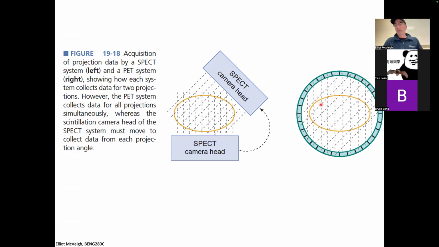So when I make a set of parallel detection lines, these are all of the events that this detector and this detector simultaneously recorded, which came from along this line. So basically, I have data for the projection along that line just by looking at those two detectors and asking, how many counts did I get here? And that gives me an amplitude, right?